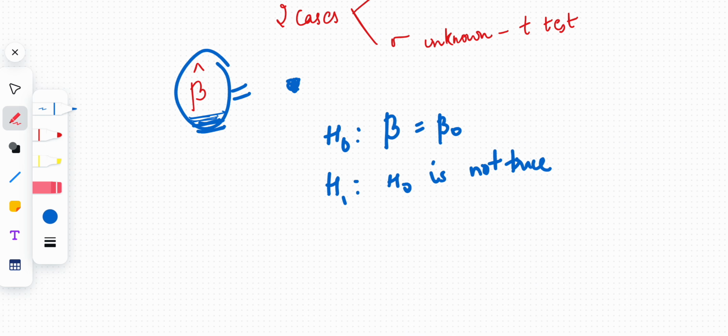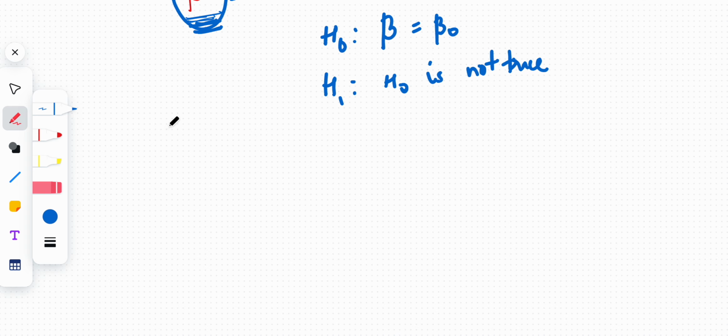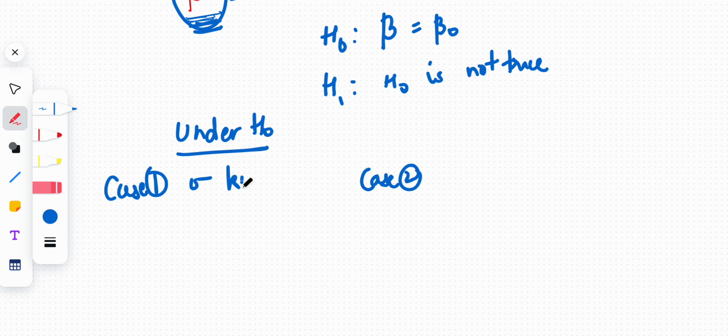Under H naught, I'll do both simultaneously: in this one it is known, in this one it is unknown.